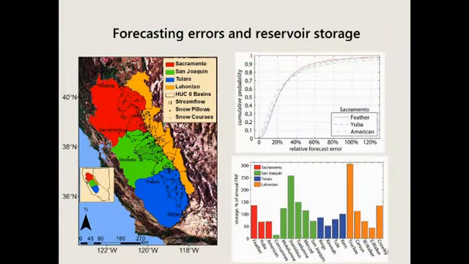Okay, and because of the importance of this snow resource for agriculture and urban use and hydropower and so forth, there's a forecasting effort that goes on. And typically what water agencies do is around the 1st of April or so, they issue a forecast for the seasonal runoff. That is what they expect to get from April to July, based on all these instruments that are in the mountains.